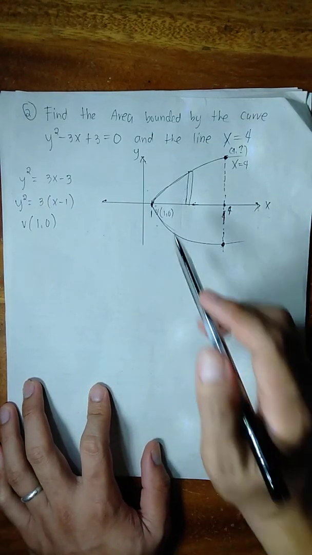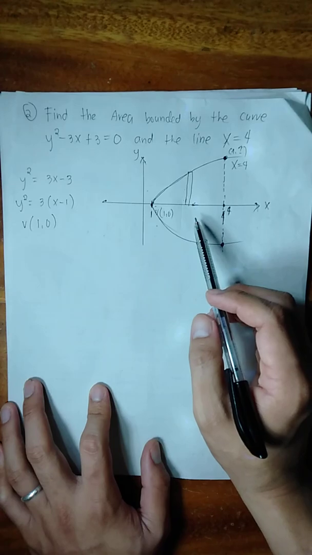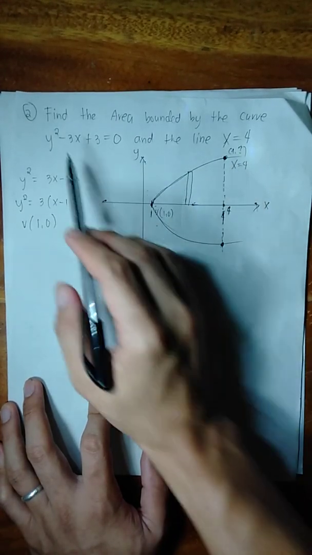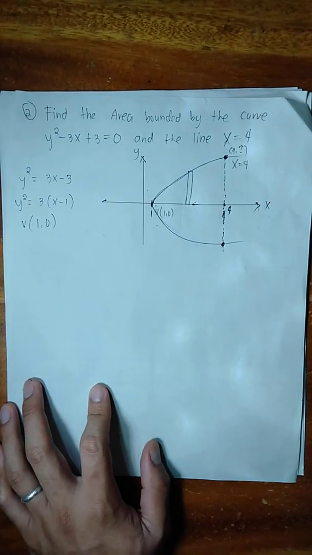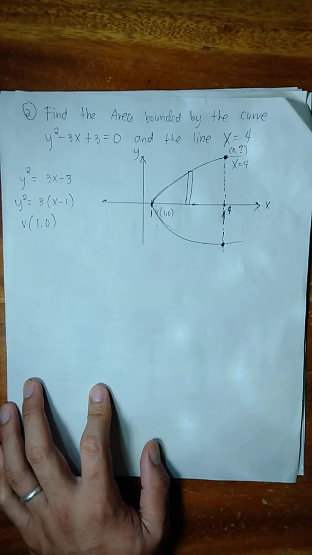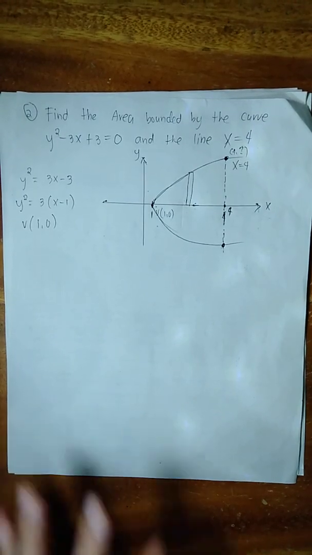Okay, so just find the boundary when you use a horizontal strip, guys. From 0 to this value. So, substitute the 4 here. What is that? 3 times 4 minus 3 is 9. So, the square root of 9 is plus and minus 3.